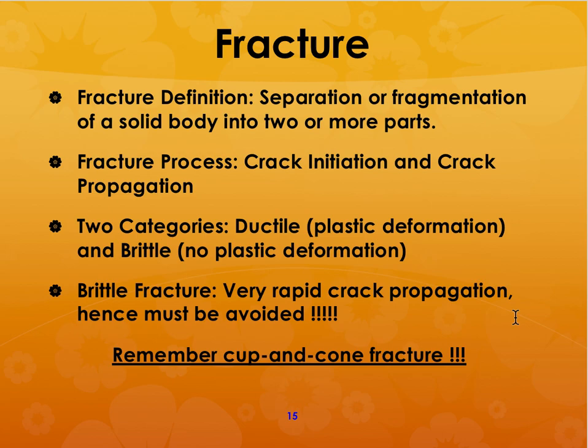If you put the two broken pieces together, it would look like a cup and a cone. So on one side it has a cup, and on the other side that is a cone. So you can put the whole thing together. Now it has deformed very plastically, so you cannot put it back into the same shape that you started out with. But still, you can see that the material has a lot of deformation in it.